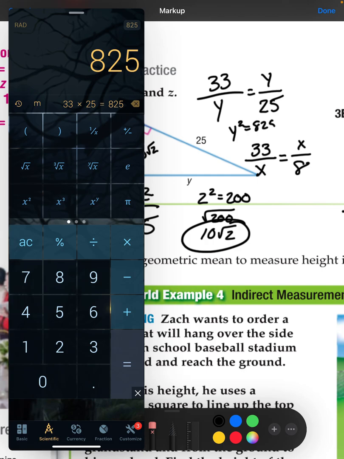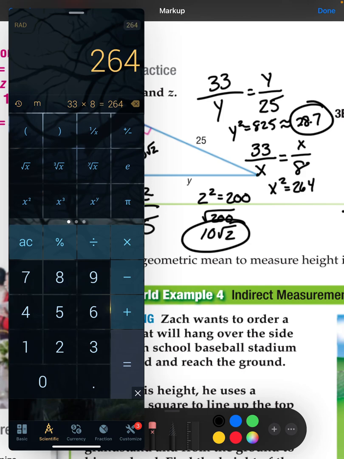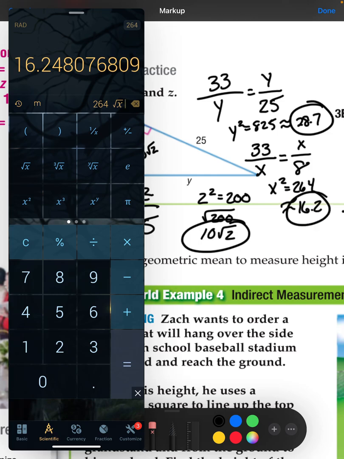And so you know this would say y squared equals 825. Okay, I'm just going to square root it this time. It is approximately 28.7. We'll look at what they got in a second. 33 times 8 is 264. So x squared equals 264. You take the square root of that. So it is approximately 16.2.